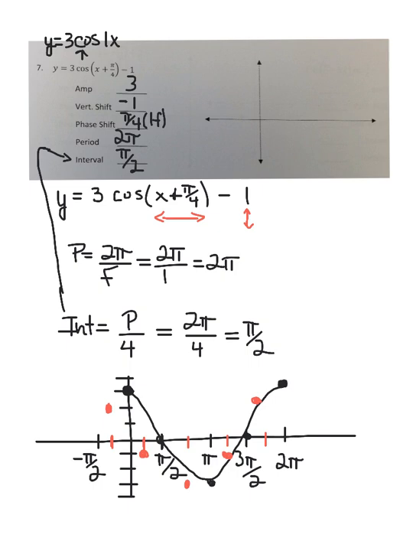And now all you're going to do is you're going to connect those dots. And there's your new picture. So that red one is y equals 3 cosine, parentheses, x plus pi over 4, close your parentheses, minus 1.